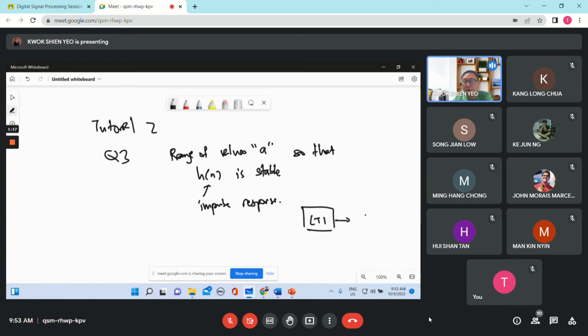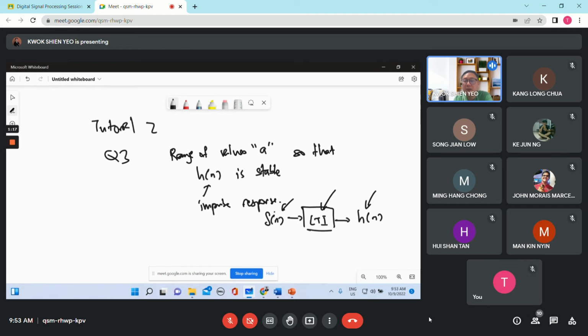You will get your impulse response if you insert the impulse, so therefore you get your h[n]. So this is already bounded. Okay, so we want to know, for this system itself, is it a stable system?